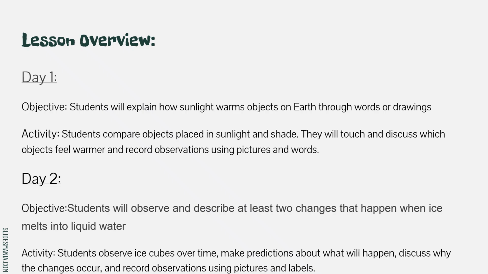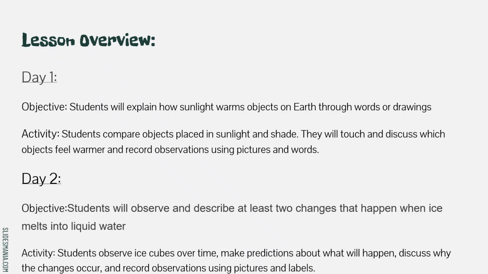Then they get to touch and discuss with each other which objects feel warmer. They'll record their observations using pictures and words. So this covers all the bases. It's hands-on. They're investigating, exploring, and discussing their ideas with each other.